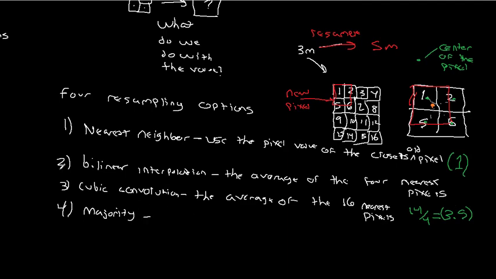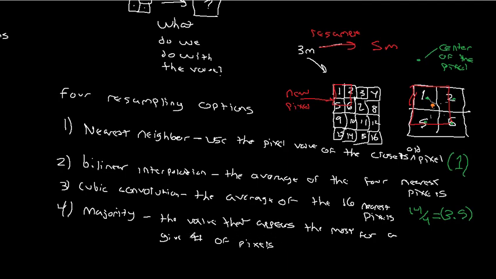And then finally, majority. Majority basically uses the value that occurs the most among the pixels in whatever size you pick. Right, so bilinear interpolation specifically 4, cubic convolution specifically 16. Majority uses the value that appears the most for a given number of pixels.